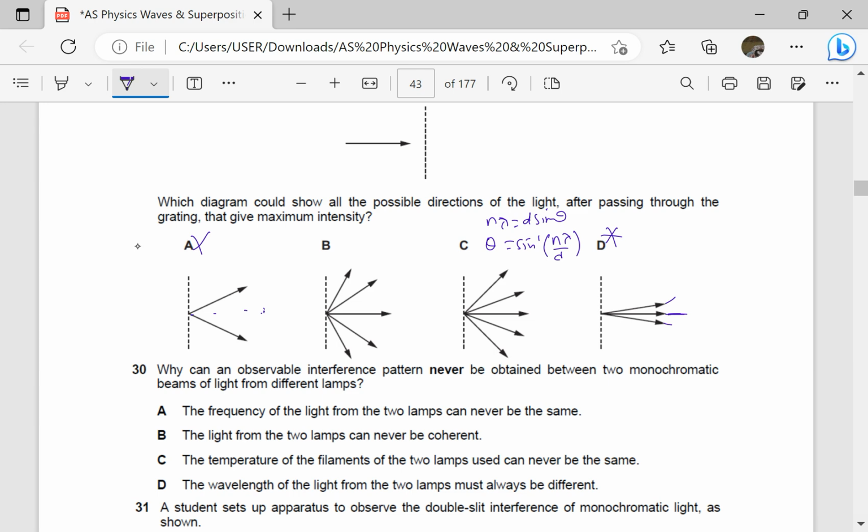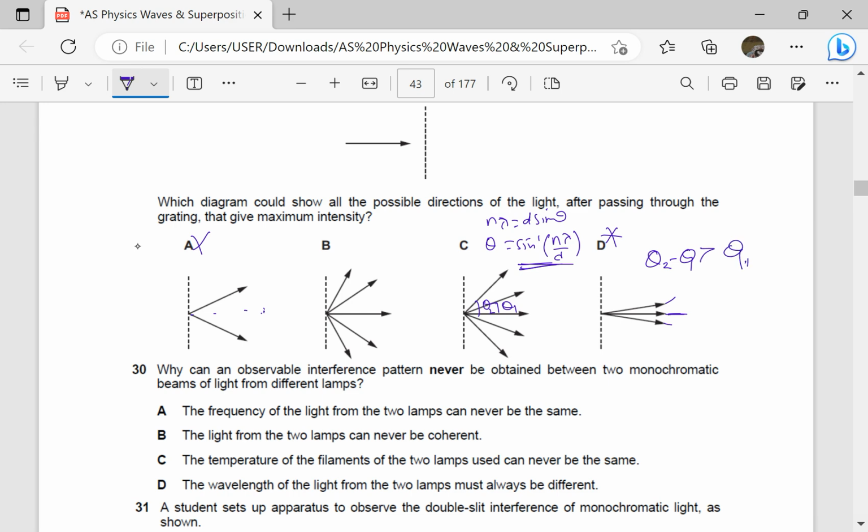But when I subtract the next order minus the previous order, the difference in that angle is always going to be greater than the difference in the angle of the first order. So if I find theta 1, and I try to find theta 2, theta 2 minus theta 1 is always going to be greater than theta 1 itself.